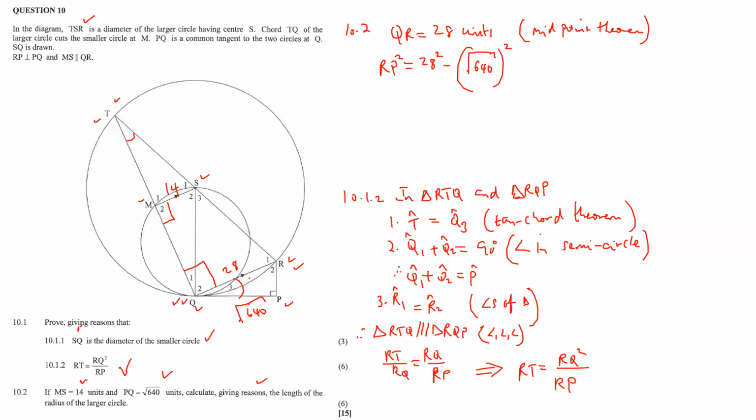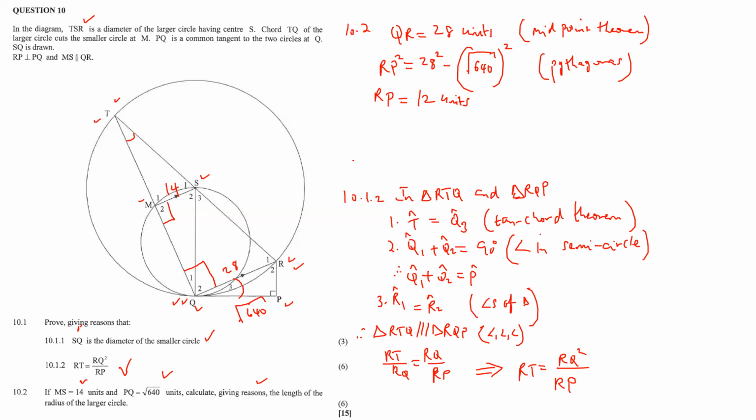So RP squared is equal to 28 squared minus the square root of 640 squared, by Pythagoras theorem. If you simplify this and take the square root, RP is 12 units.